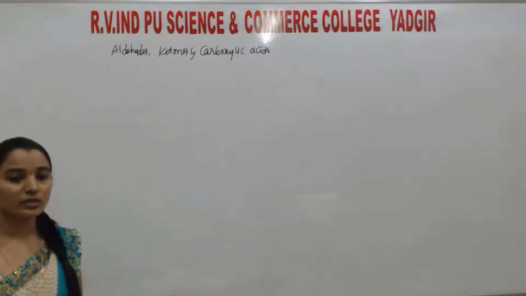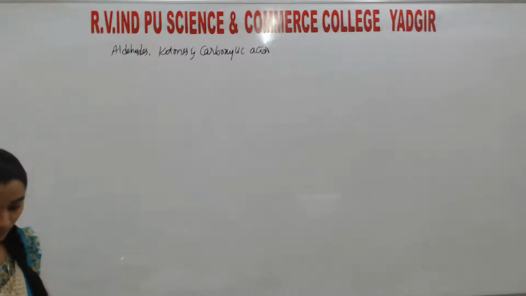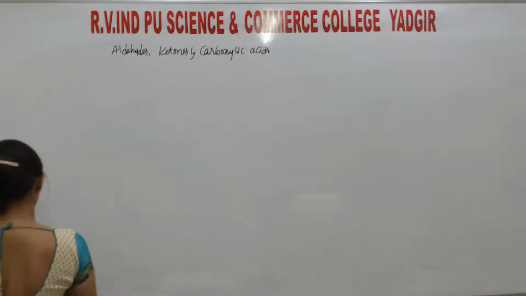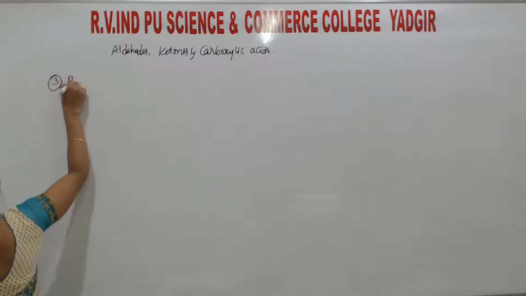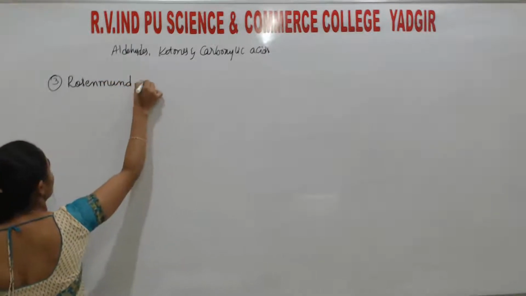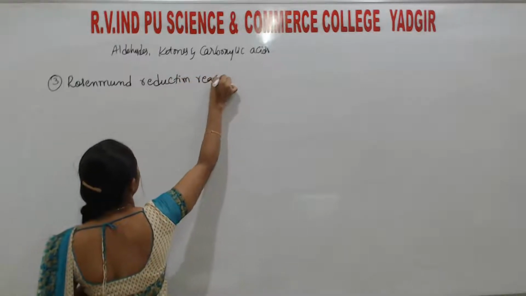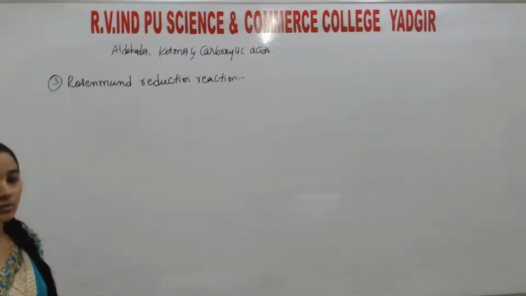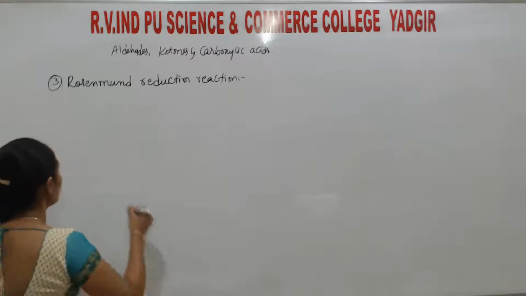Okay, so the next one is Rosenmund reduction reaction. Okay, so students, in this Rosenmund reduction reaction, I'll write the reaction first. So what happens here?